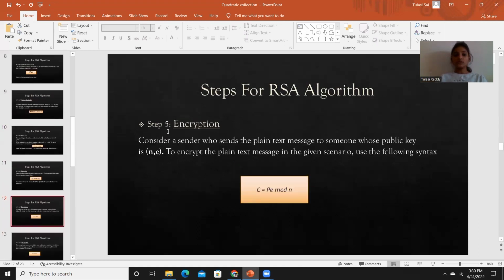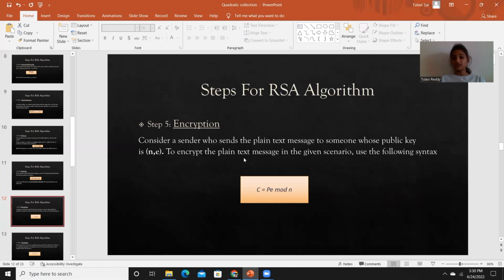Coming to the fifth step. In both the fifth and sixth steps, we will be dealing with communication, that is, encryption and decryption. Coming to the encryption part, consider a sender who sends a plain text message to someone whose public key is n comma e.